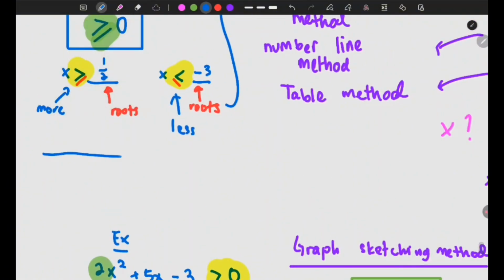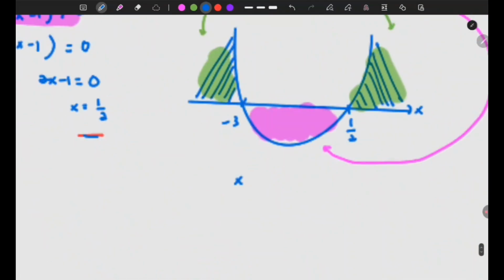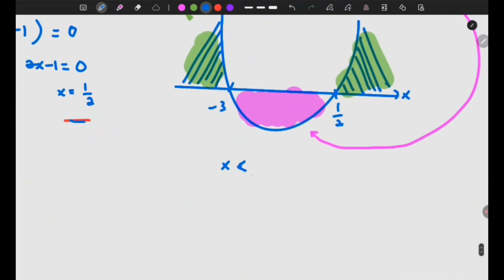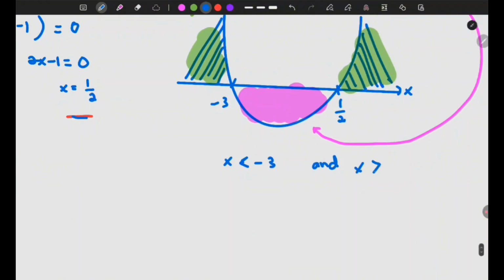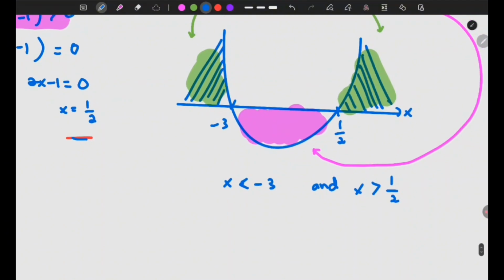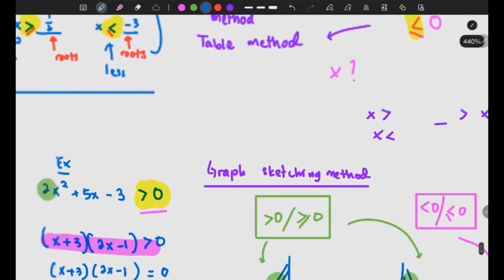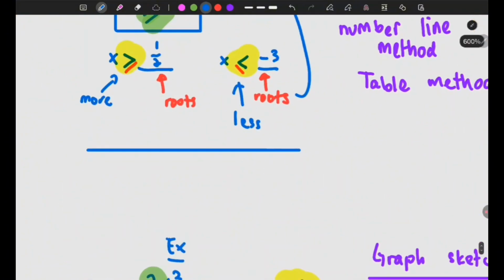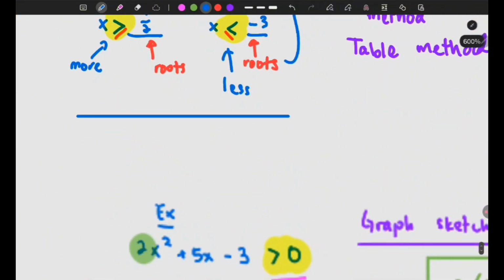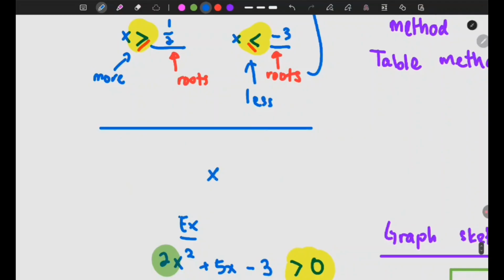x will be less than -3 and x will be more than 1/2. If you shade in between, which is the pink part, then it will be like this. Your x will be between -3 and 1/2.